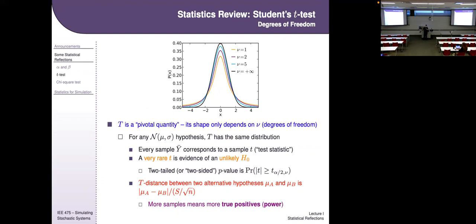Our hypothesis might be that under normal situations, we get this acoustic level, and under other situations, we get this acoustic level. It doesn't matter. As long as it's normally distributed, we can plug in the values and evaluate our deviation from the null using this t distribution. So that's the magic of the t-test. And so a very rare t is evidence of an unlikely H0.